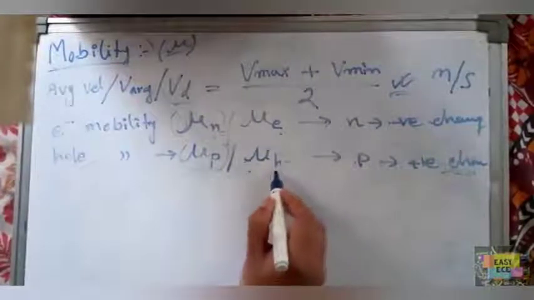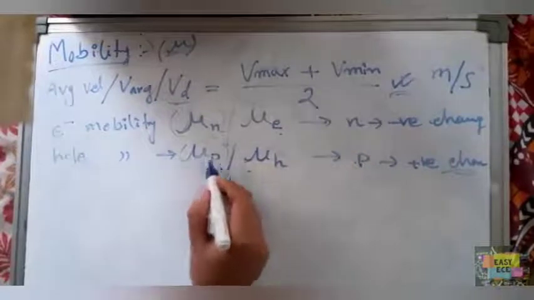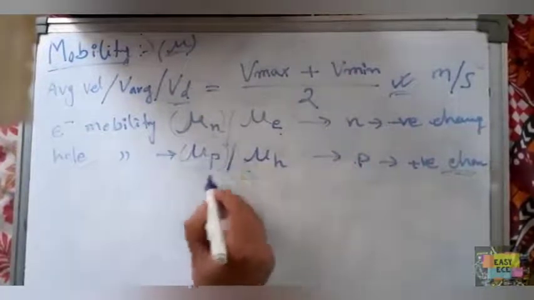A hole is positively charged, so we denote it as mu p for positive.